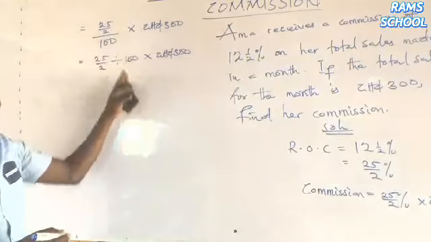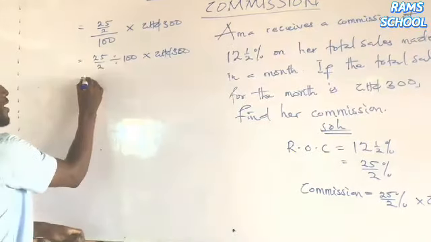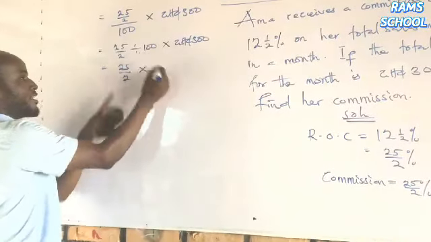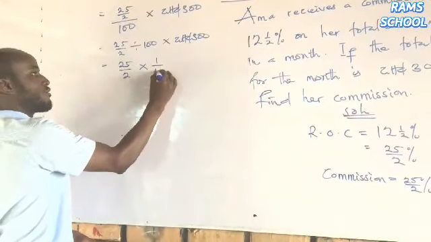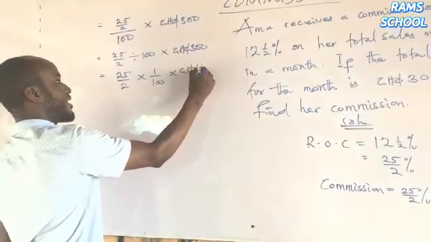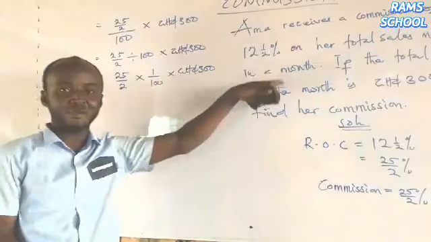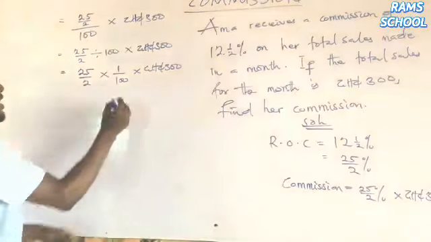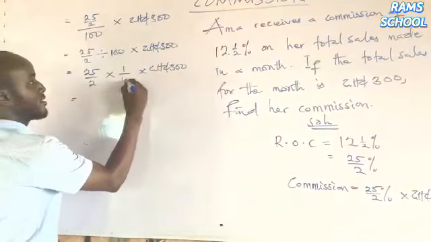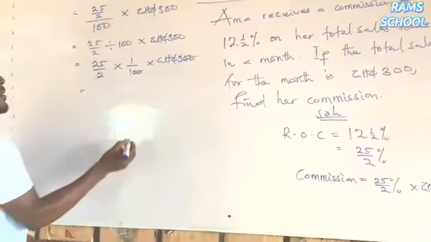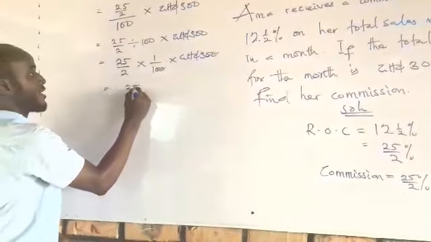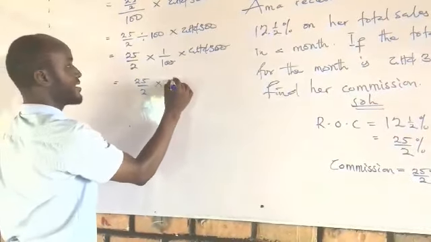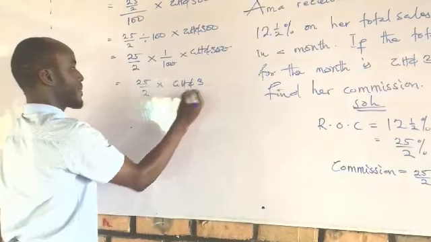So let's resort to this method so that 25 out of 2, we make it times, we find the reciprocal, as we all know, 1 out of 100 times our 300 Ghana cedis. Take note of this example very, very well. When you have a mixed fraction percent, we shall divide to get 2 zeros here. We'll take care of these 2 zeros. So we are getting 25 out of 2 times 3 Ghana cedis.